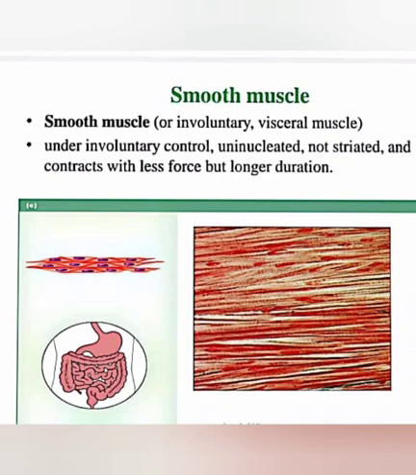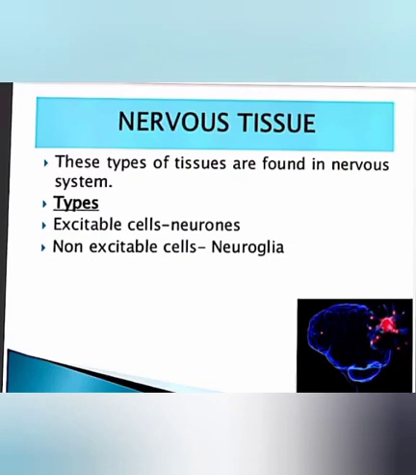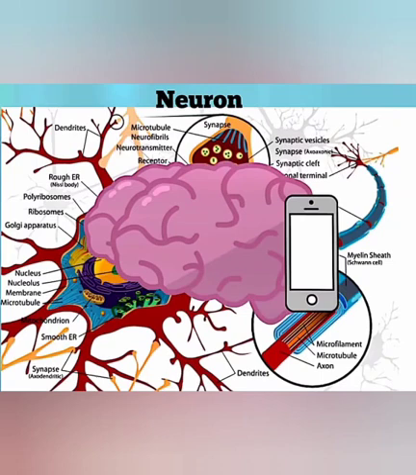Okay, our next type is nervous tissue. Nervous tissue is composed of neurons which transmit information to other cells. Nervous tissue is found in the brain, spinal cord, and nerves. It is responsible for coordinating and controlling many body activities.